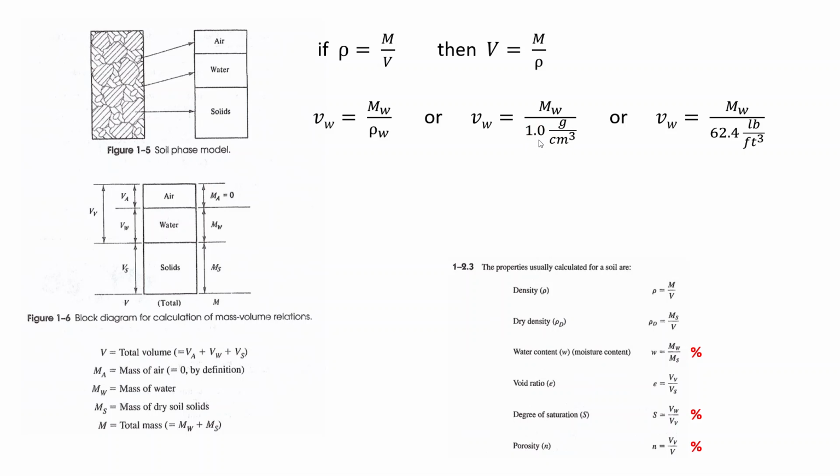But we're not going to be working in grams this semester. Concrete you don't order in grams. You don't even really order in pounds. You order in yards and tons. But we're going to do all of our calculations in pounds. So the relationship I'd like you to use this semester is to get comfortable using this value for your density of water, 62.4 pounds per cubic foot.